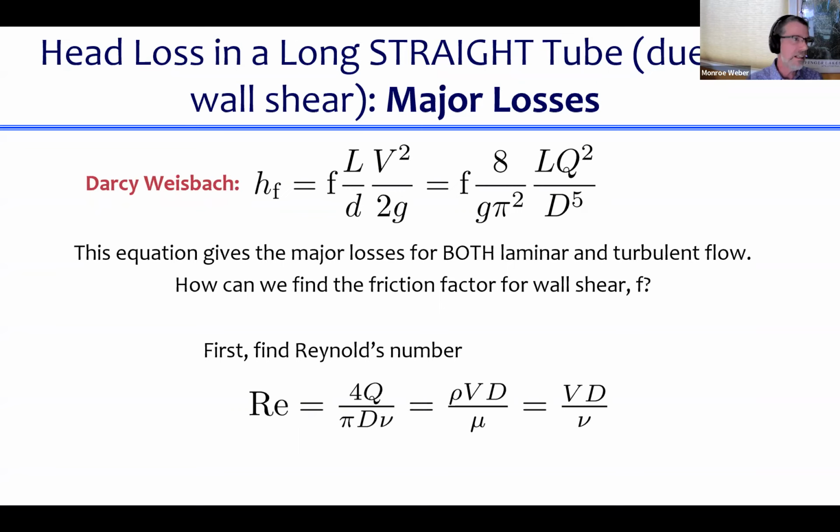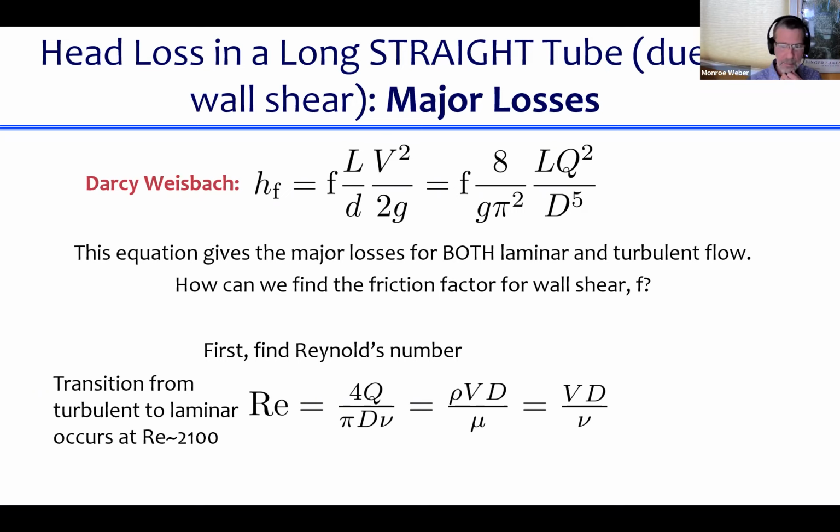And at some point, it means that viscosity is not even a significant force to deal with. Does that make sense? If you've got this dimensionless ratio of two forces, and the top force is inertia, the bottom force is viscosity. And if inertia is huge compared with viscosity, it's a big Reynolds number. And it means that viscosity isn't even significant in the problem. And you can just forget about it. Okay, and actually that'll show up when we look at the Moody diagram, you'll be able to see that.